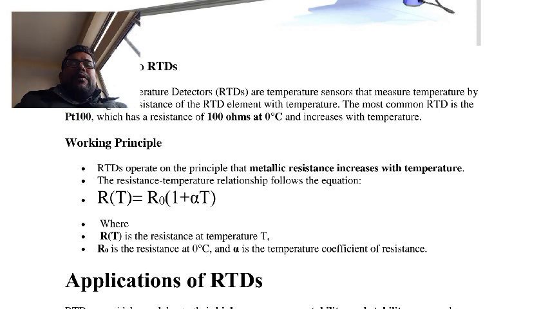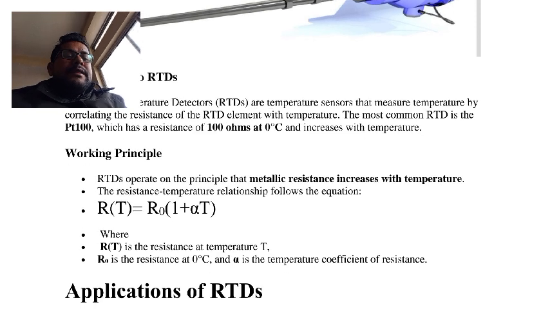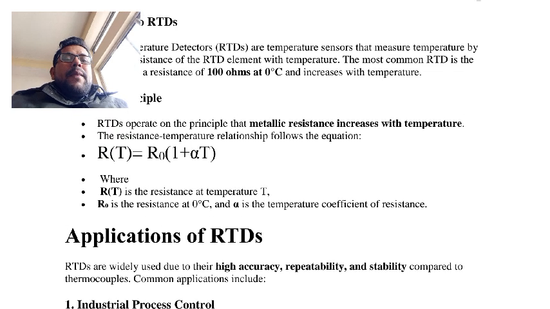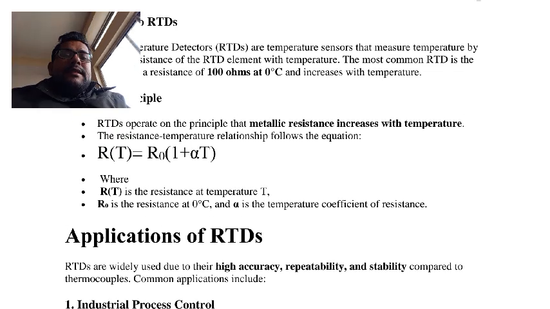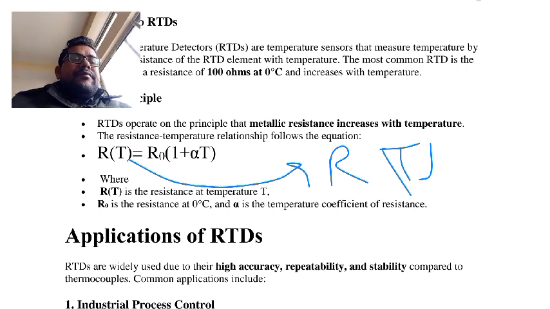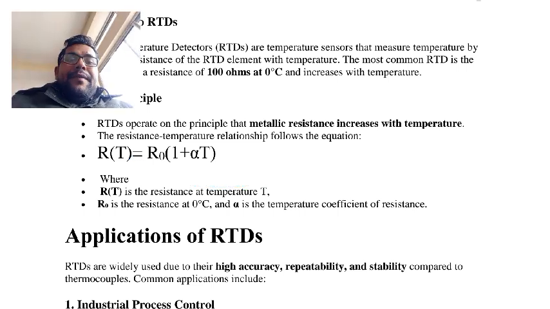RT is the resistance at T degree temperature, where R0 is the resistance at 0 degree Celsius and alpha is the temperature coefficient of resistance.